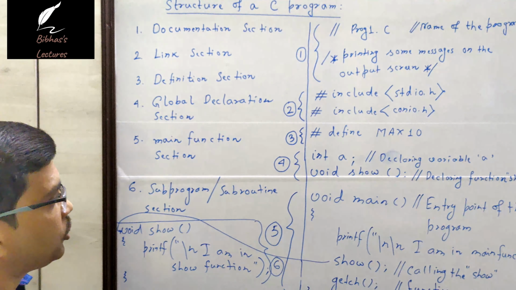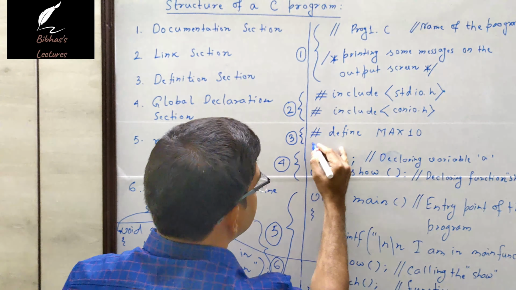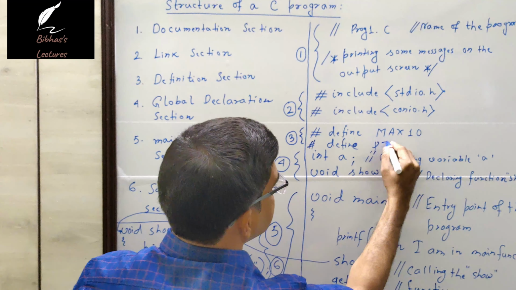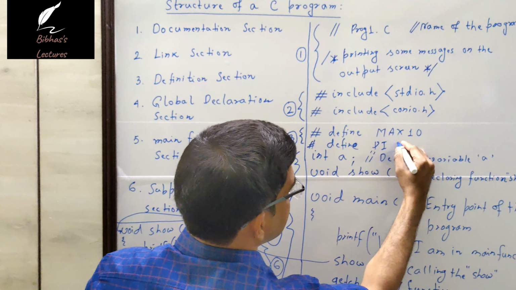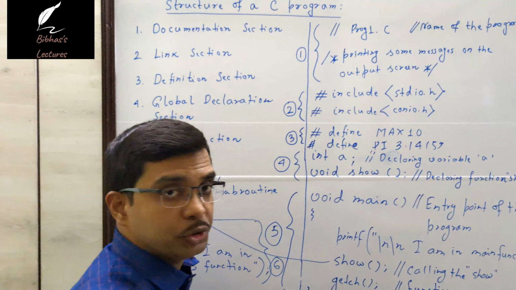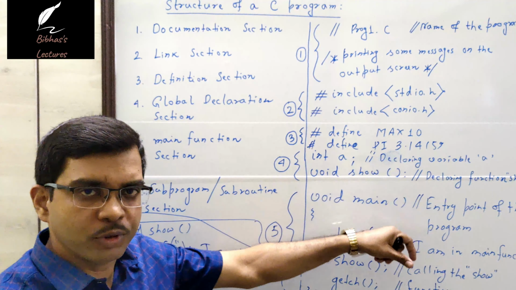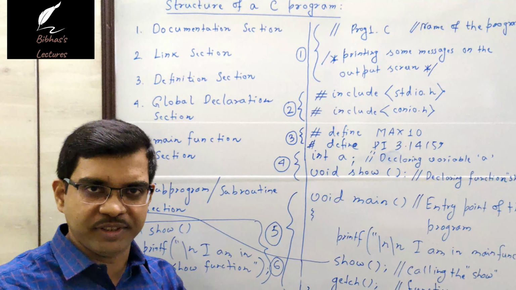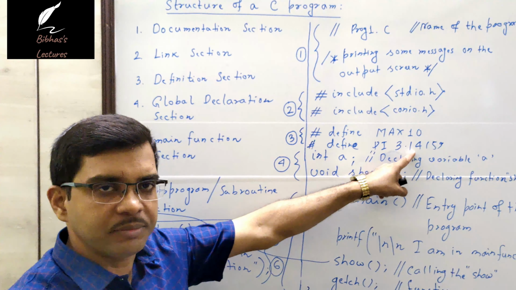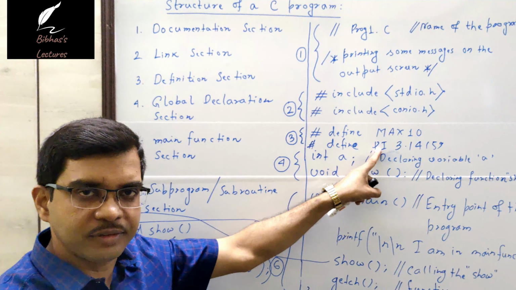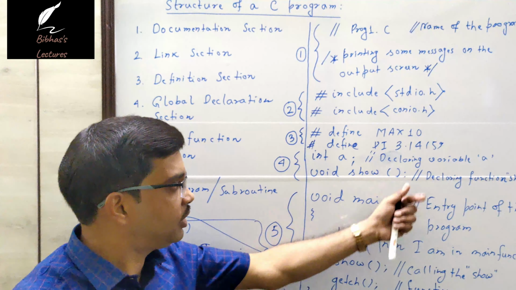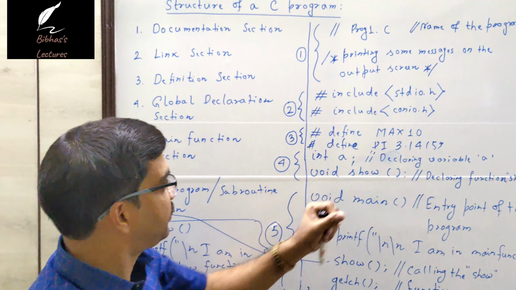Or suppose you want to define another thing, #define pi 3.14159. Suppose you want to use this value of pi in several places in your program. It is not required to mention the value every time. You just use the symbolic constant pi, so wherever pi is found, it will be replaced by this value. So this is the definition section.